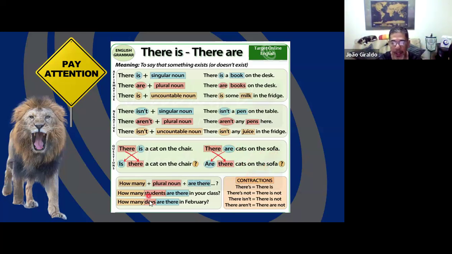Okay? This other part here, the plural nouns, how many, I explained in another lesson that is more adequate to the situation. Okay? But only to show that the order, the structures of the sentences in English maintain a rhythm, maintain a standard.